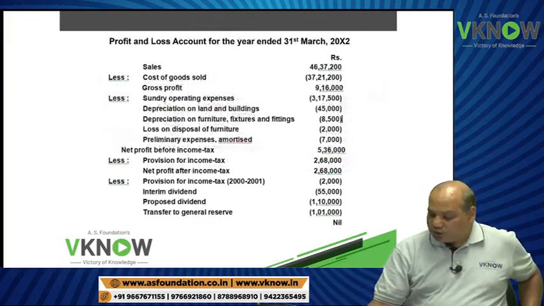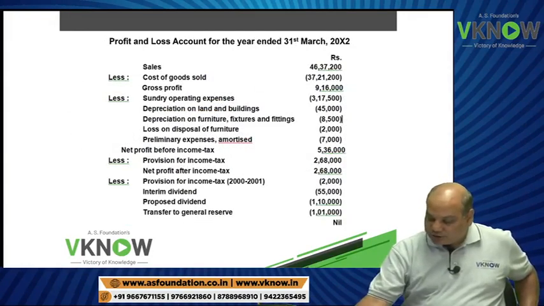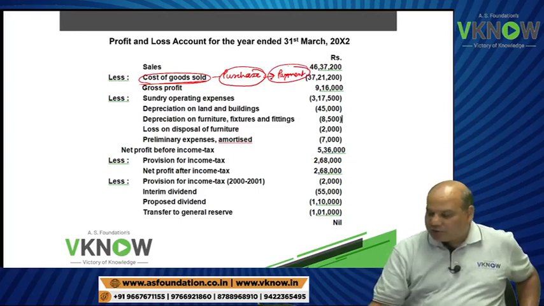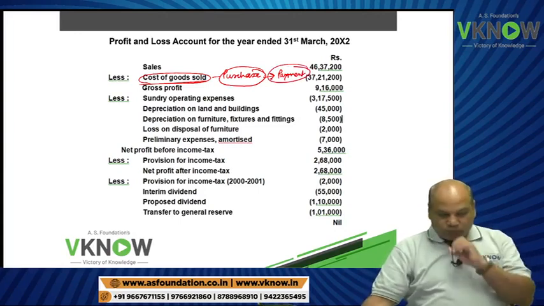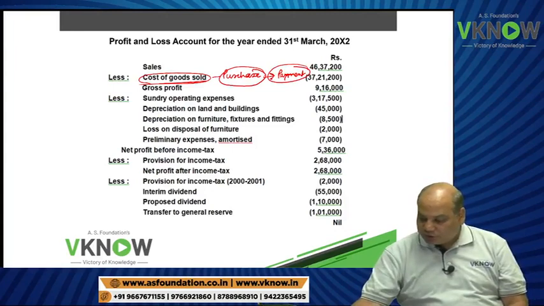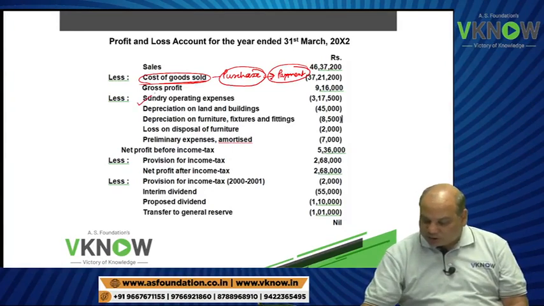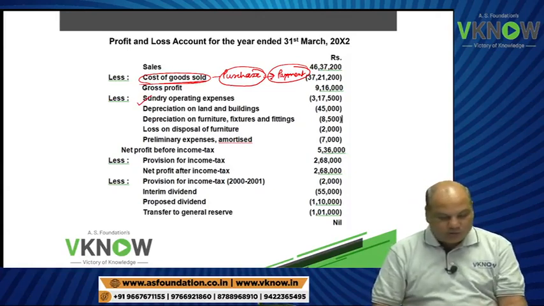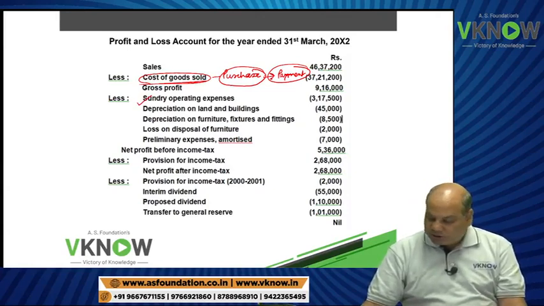So the student will now come to P&L account. Sales, again cost of goods sold is given. So you use it to find out purchase, and then use purchase to find payment. This is usually what we do under direct method. Gross profit, sundry operating expense, tick mark, because there is an expense outstanding in the question.